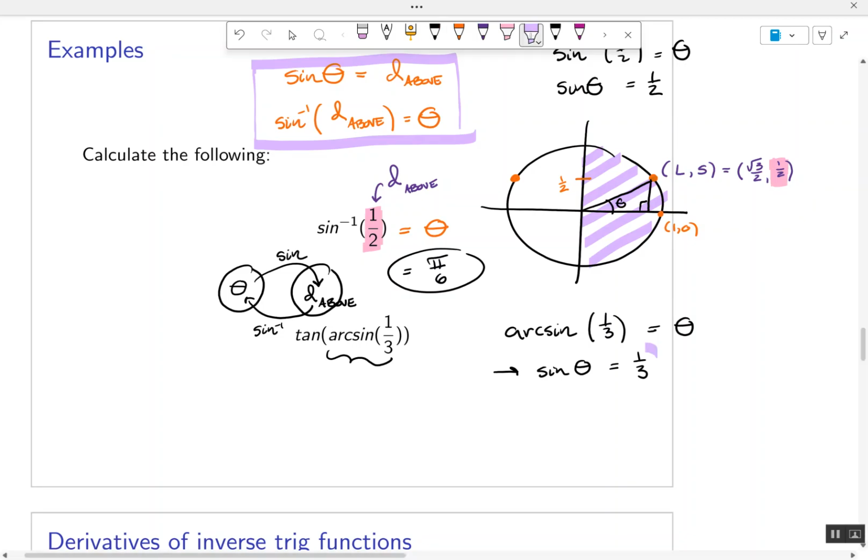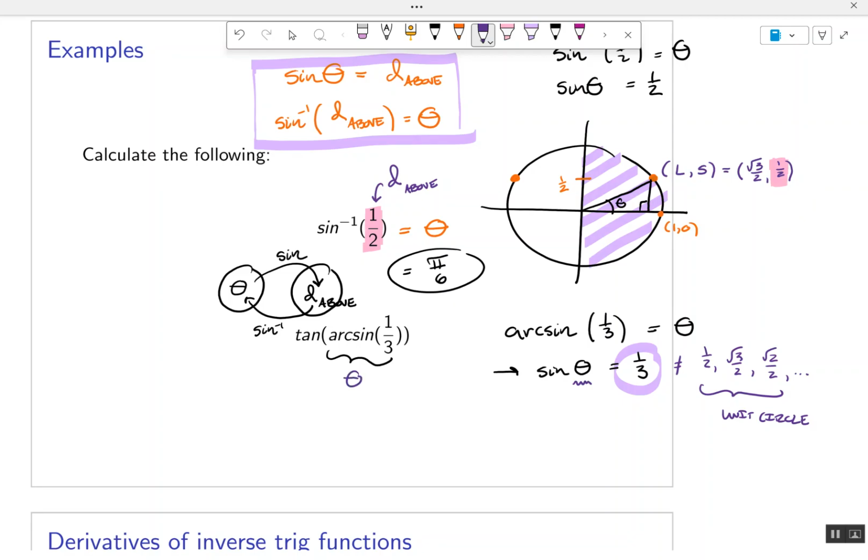But this number right here is not a unit circle value, right? It's not 1/2, √3/2, √2/2, etc. It's not in our unit circle. So that's kind of a hint for us, because we're not actually concerned with what this angle measure is. What we want is the tangent of that angle measure.